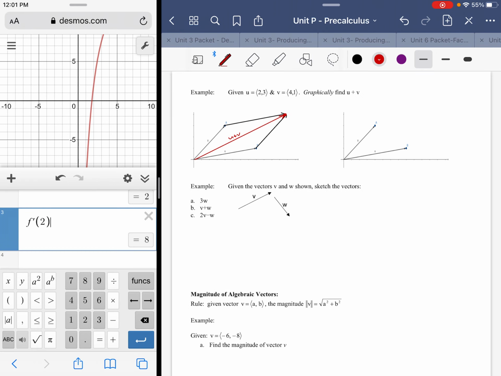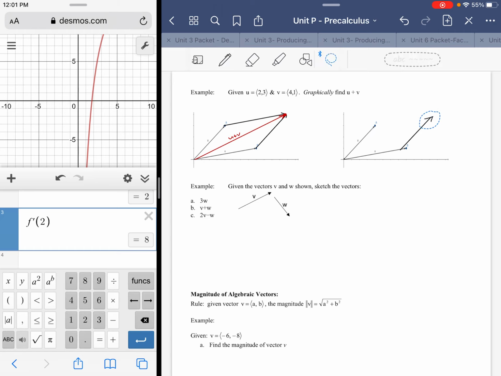The other way of handling it is the tail to tip approach, the other being the parallelogram approach.